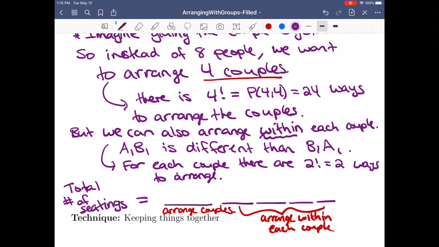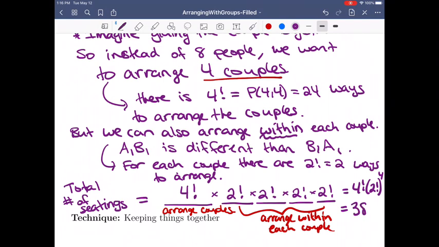So we've already counted each of these steps. So there's 4 factorial ways to arrange the couples, and then 2 factorial ways to arrange each of the 4 couples. And we have to do each of these things in order for the couples to know where to sit down. So we want to multiply. We're using the multiplication principle. So what this ends up being is 4 factorial times 2 factorial to the power 4, which is 384 ways.